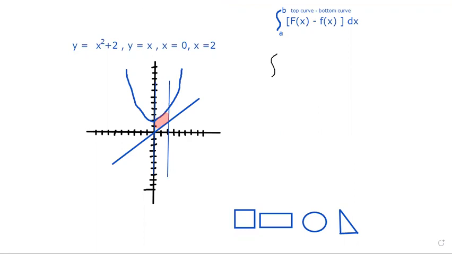It'll go from what, 0 to 2. That's already given to us. So that will go from 0 to 2.